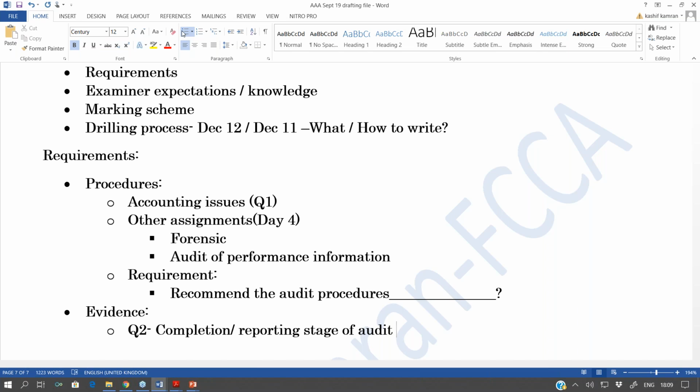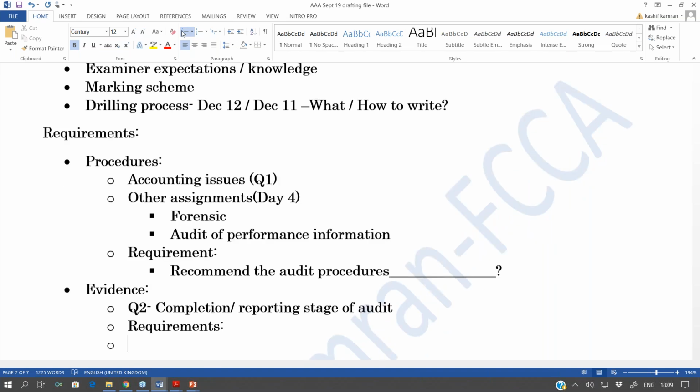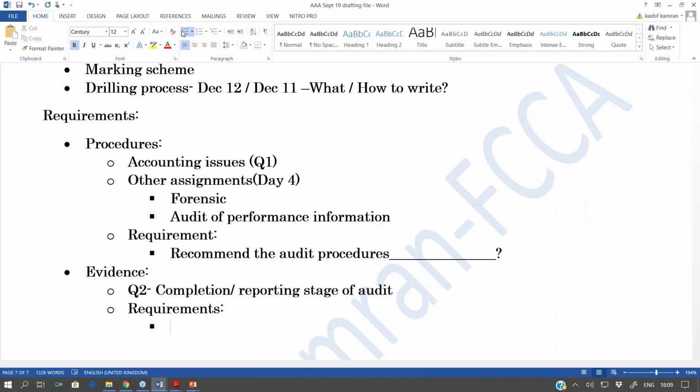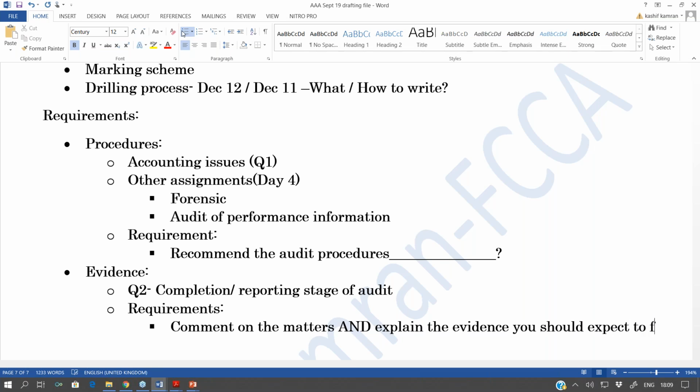In terms of question 2, what is the requirement of evidence? The requirement of evidence is like this: comment on the matters and explain the evidence you should expect to find in the review of the working paper file.